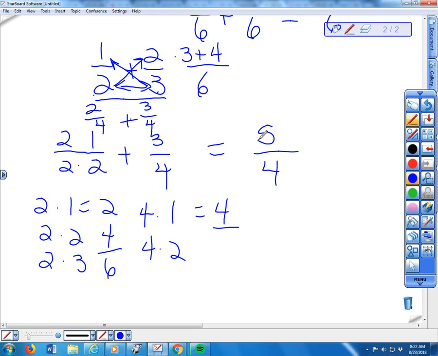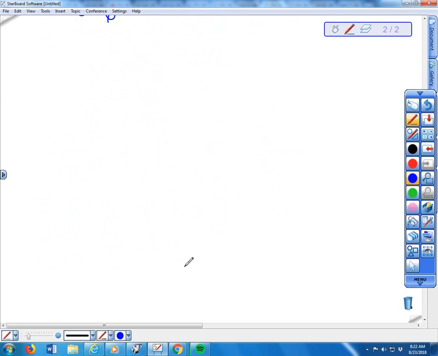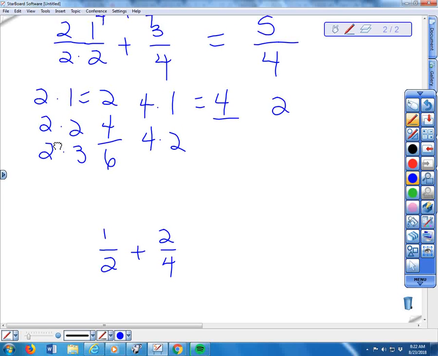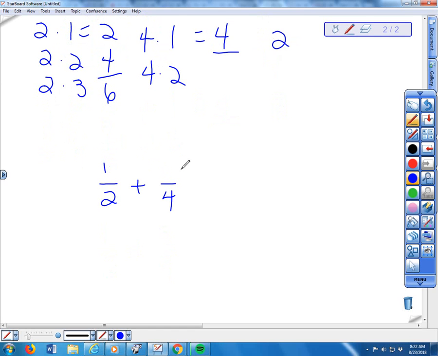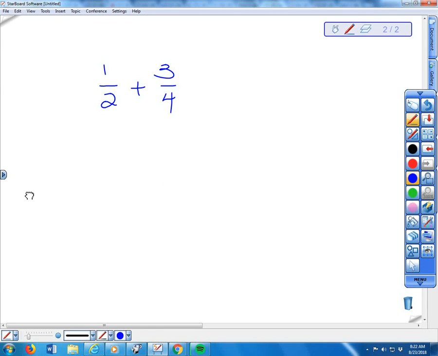With me still? Okay. So let's try it the crisscross method. I'm going to do it on a clean 1/2 plus 3/4. There we go. This is our clean slate here. 1/2 plus 3/4.